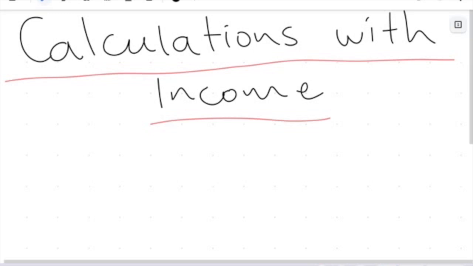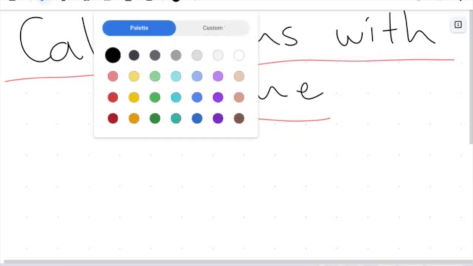A lot of the textbook questions have like Ken earns an annual salary of this, or Georgie earns this. We're talking about you here. I want to put ourselves in the driver's seat because it's just more fun.